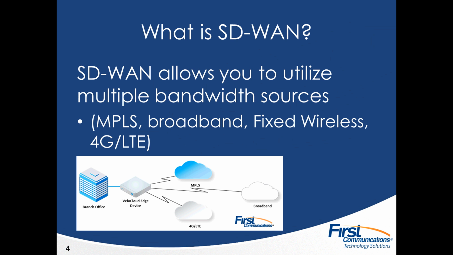It's really your call. Routing policies are set by the customer. Traffic is automatically and dynamically forwarded across the most appropriate path based on network conditions, the security and quality of service or QoS requirements of the traffic itself, and the cost of the circuit.